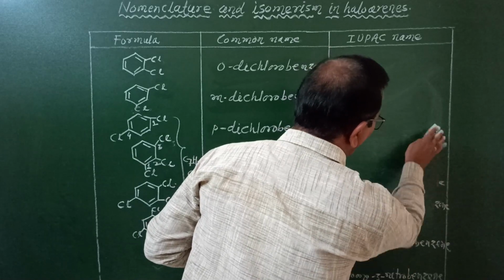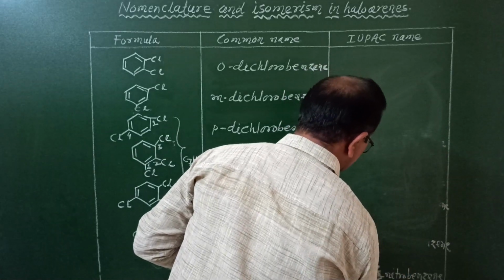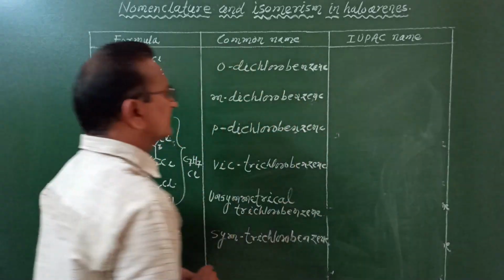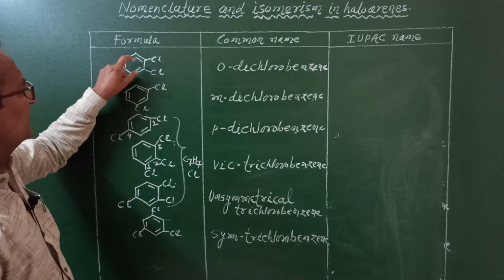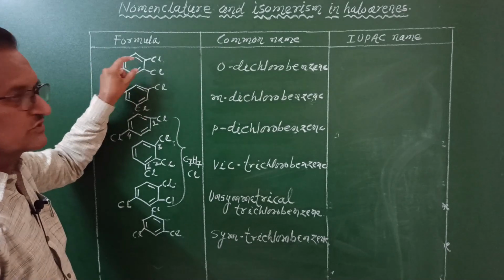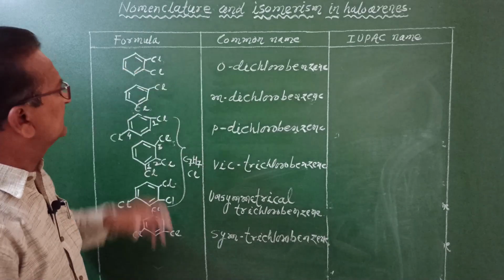If two or more substituents are bonded to the benzene ring, then their positions must be indicated by proper numbers or locants.